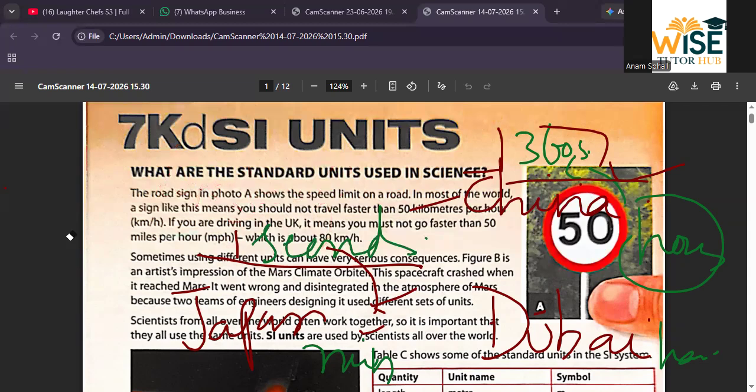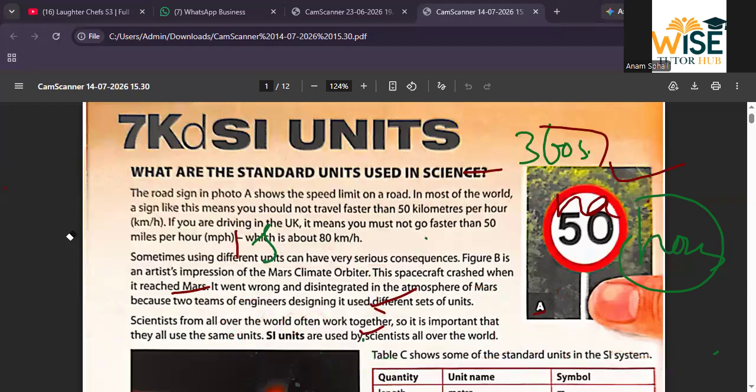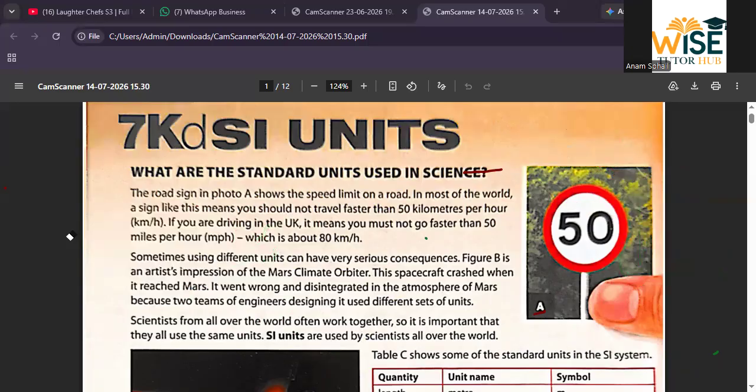So in order to unify the results, in order to make the scientists of the world united and keep them together at one place, there was a French committee in which different scientists from the world were seated, and they agreed on some units that should be standard.